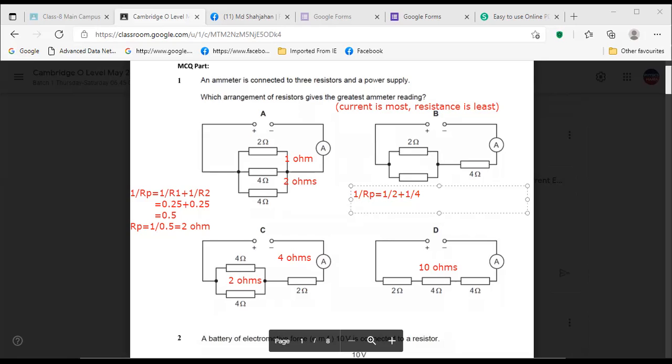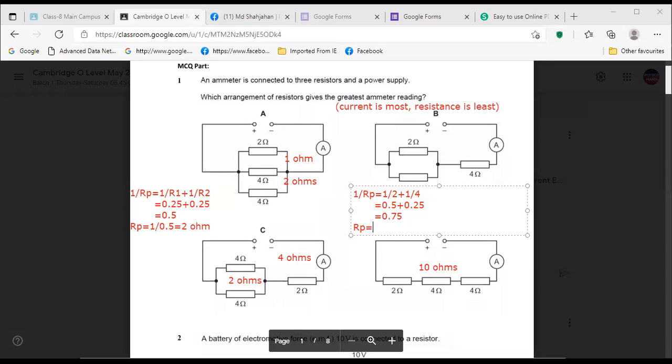So 1 by 2 means 0.5 and 1 by 4 means 0.25. Then it comes 0.75. Then Rp comes, you have to reverse it, right? 1 by 0.75. Then what it comes? So 3 by 4.